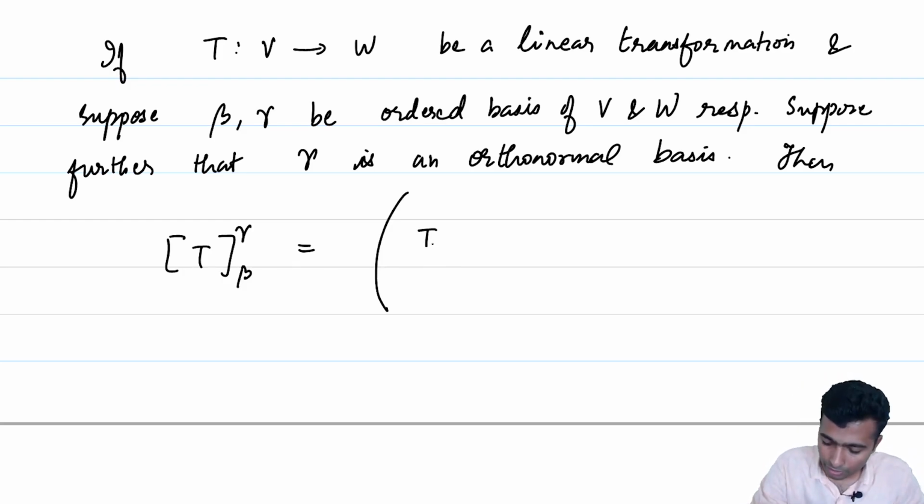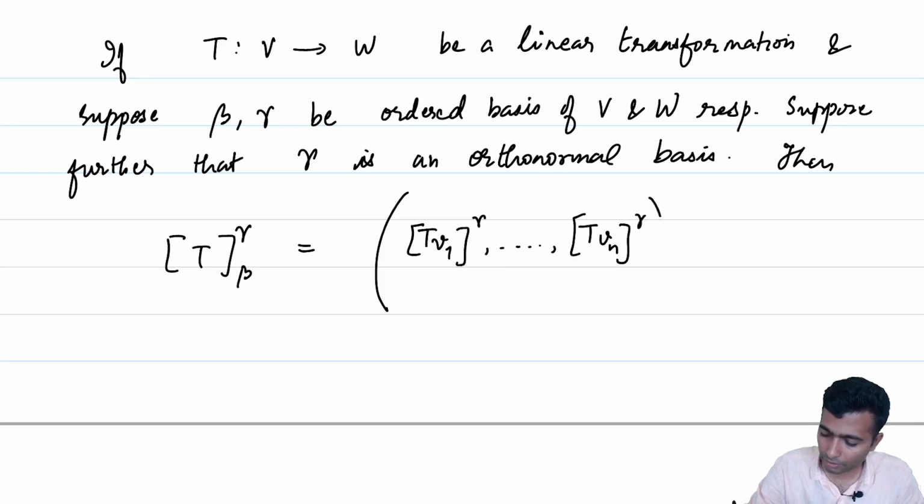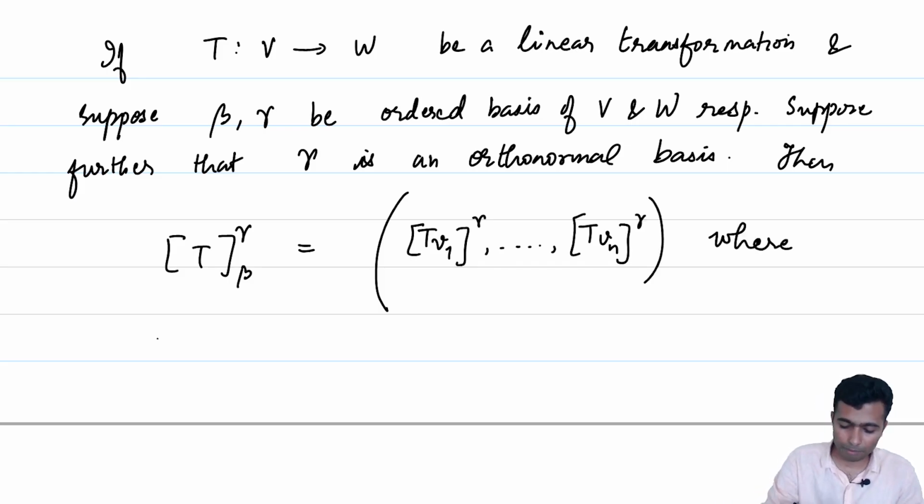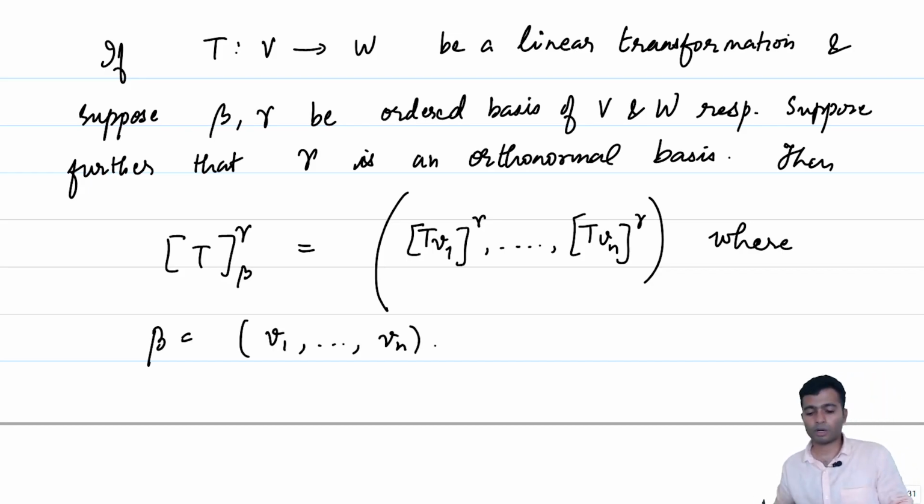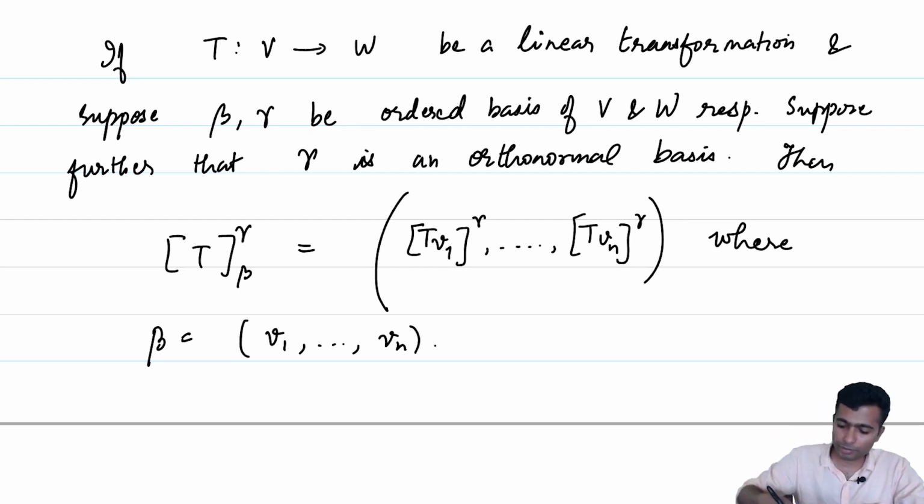This is just going to be the columns T V1 gamma up to T Vn gamma, where beta is equal to V1 to Vn is the ordered basis of V. So we have written the column vector representation of each of T V1, T V2 up to T Vn, and that will be the columns of our matrix. Alright, so let's now look at a few examples of what we just did.